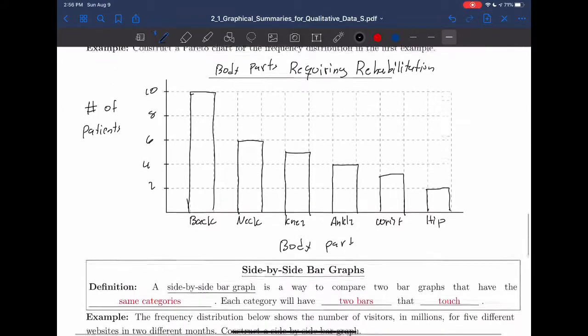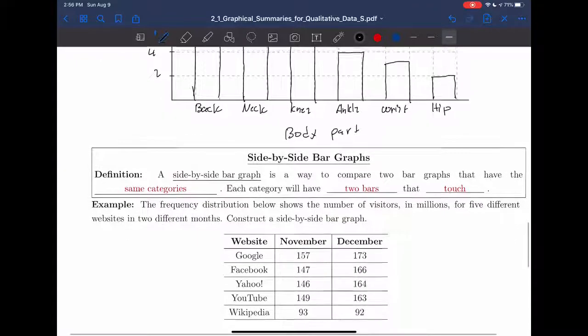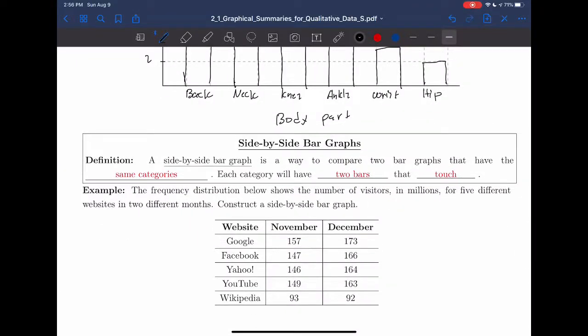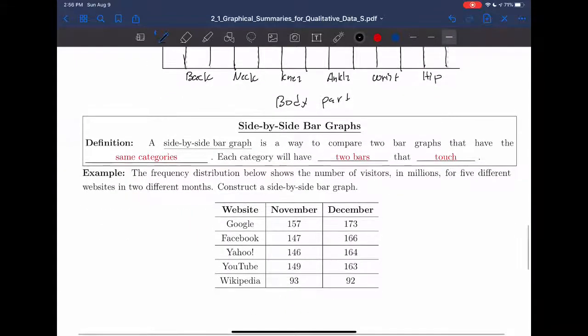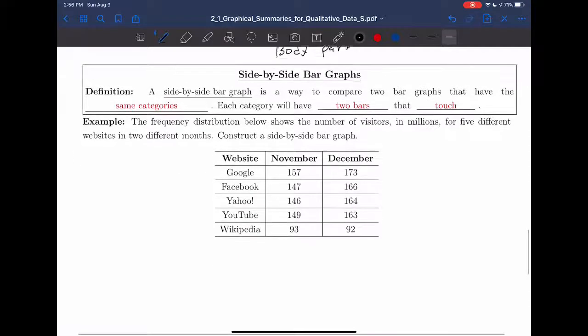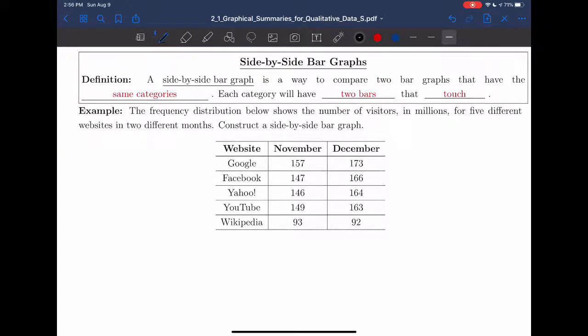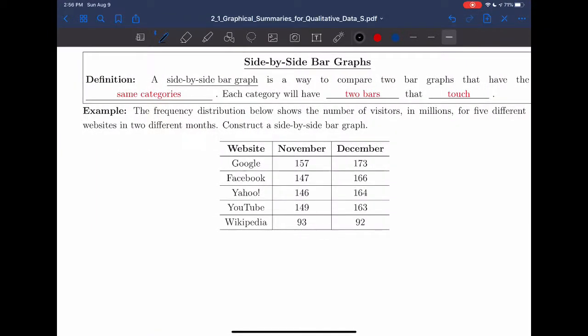Okay, so next we're going to talk about the side-by-side bar graph. And usually when people do a side-by-side bar graph, they just want to compare two bar graphs that have the same category. So each category has two bars, and they do touch. So for example, let's say you want to know how many people go to a specific website for 2 different months, November and December.